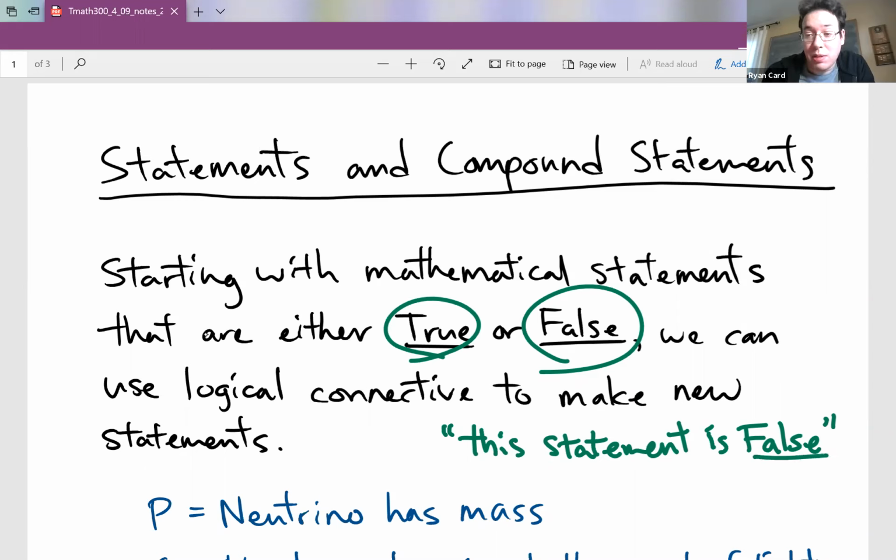But if the statement was false, then it had to have been true, and then you kind of get into a loop, right? Some statements cannot be classified as either true or false. But if you want to talk about logical statements, it has to be one or the other, but not both, and not neither.